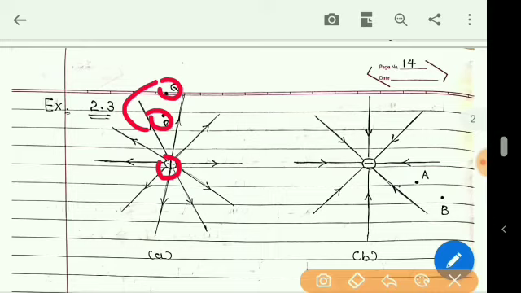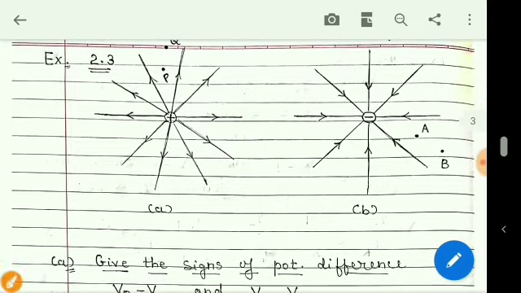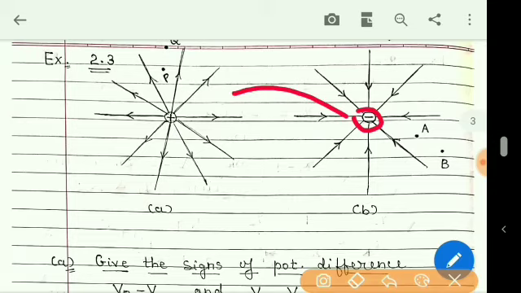But here in this case, this charge is negative. So the situation will be the reverse of this. Here in this case, the point which was closer has larger potential. But here the point which is far away has the larger potential.